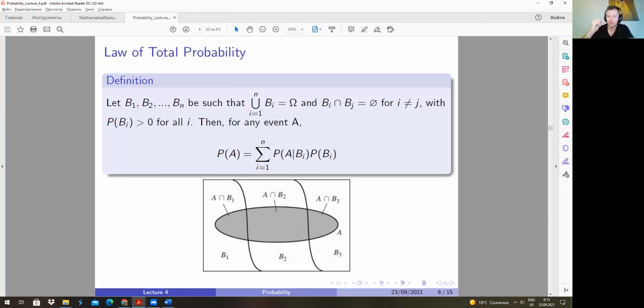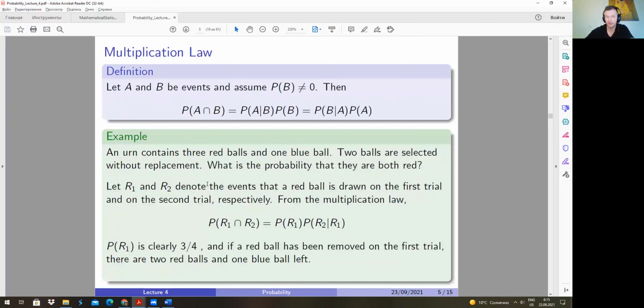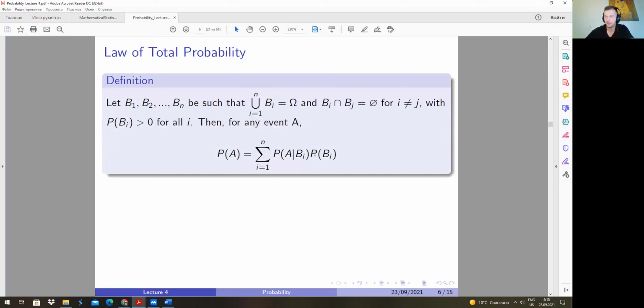And we know how to calculate the intersection of event A and B1, event A and B2, event A and B3. In order to calculate this intersection, we should apply the multiplication law: conditional probability multiplied by the probability of event B. That's exactly here.